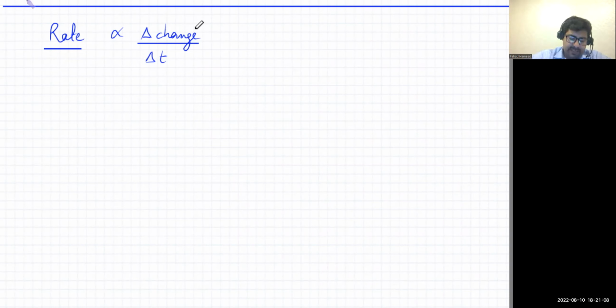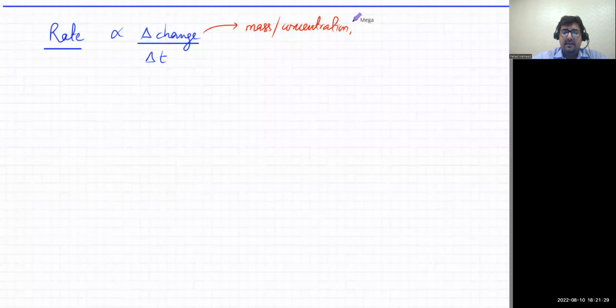So when you talk about change, it could mean many things in chemical reactions. It could mean a change in mass. So you can measure how quickly a particular mass changes over time. You can talk about concentration of something changing over time. You can talk about any measurable or observable change, like volume of gas, okay?